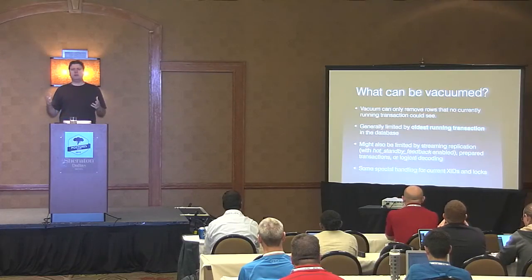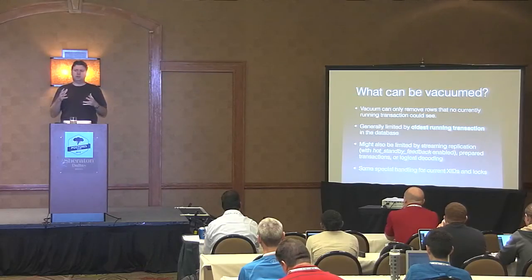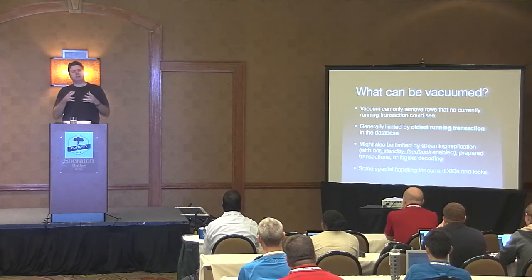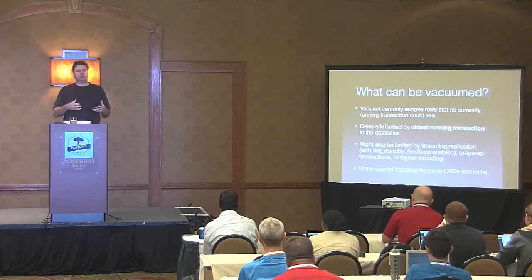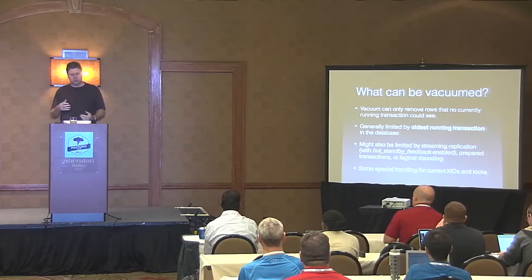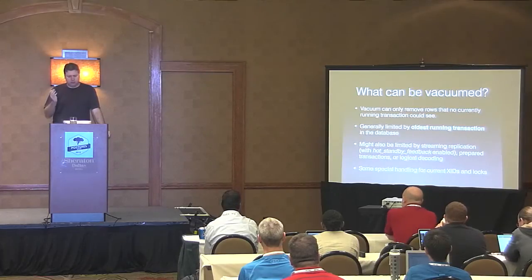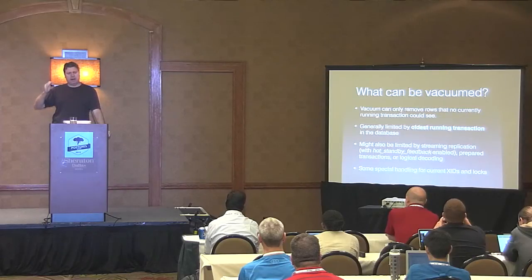One of the key ideas you need to understand how vacuum works is this question of what data can actually be vacuumed? What is safe to be removed? Generally speaking, you can only remove data that was deleted by a transaction that is older than the oldest running transaction in the database.